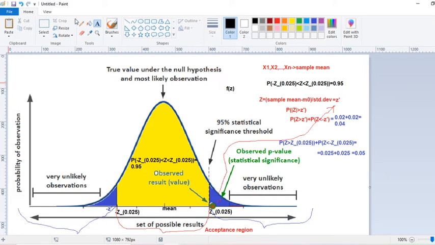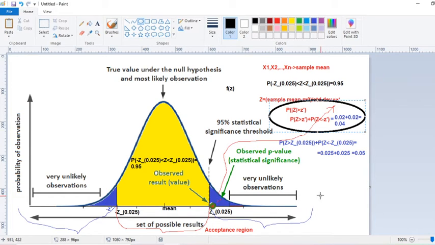This is the p-value. What is the p-value? 0.025.